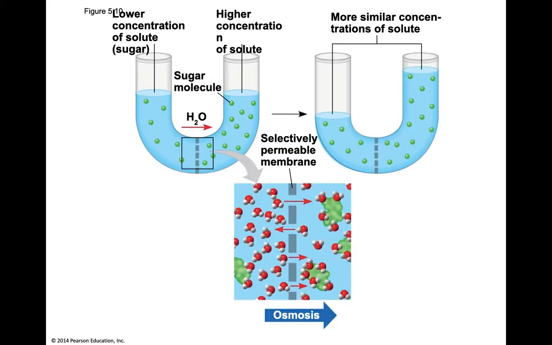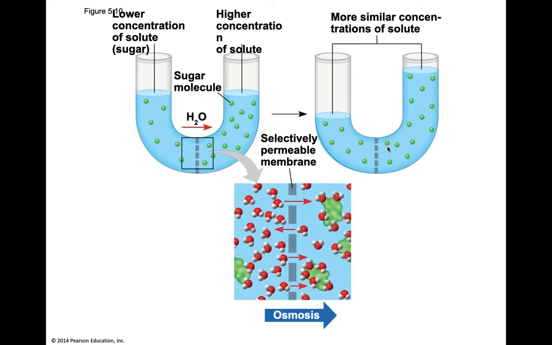What the heck does that mean? So I have two solutions of water, one that has a lower concentration and one with a higher concentration. And we notice that over time, the water is moving out of this container and going across to this container. Two things are happening to make this happen.